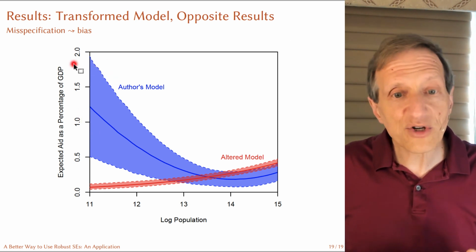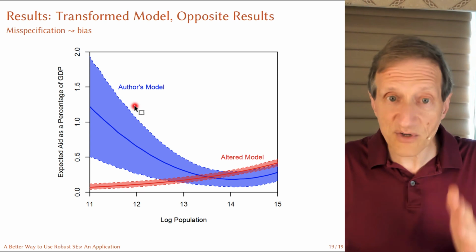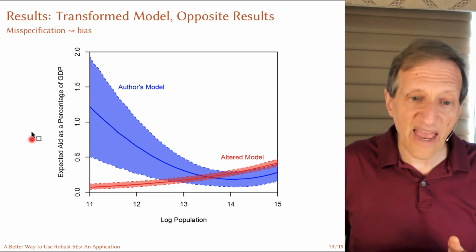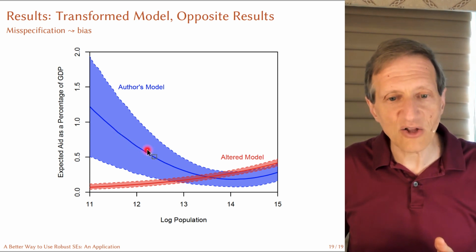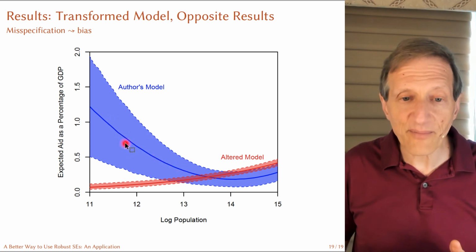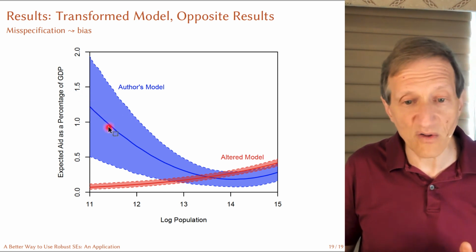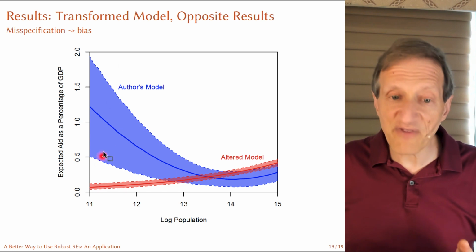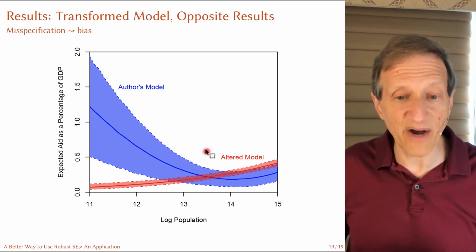So what the author showed is that this aid drops as log population increases. So when log population is small, there's more aid. When log population is large, there's less aid. There's a lot of variance in this model as estimated by the model.